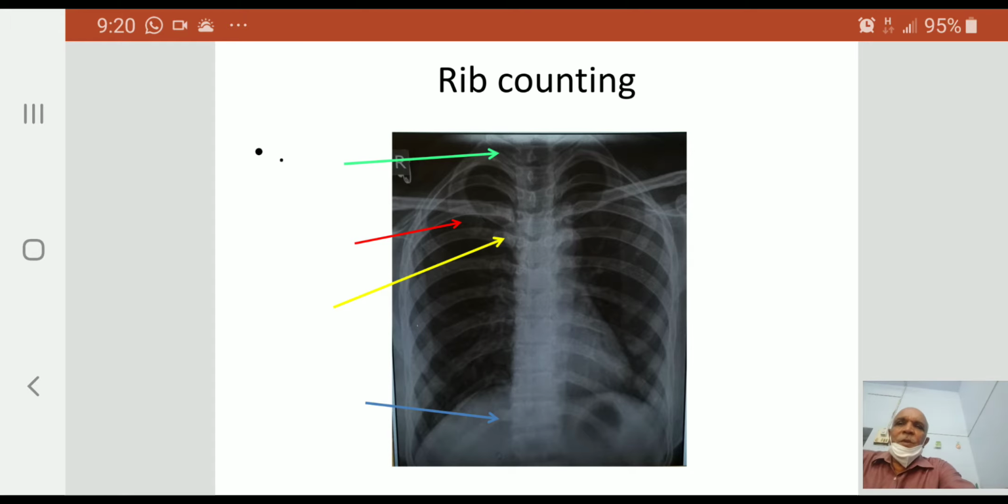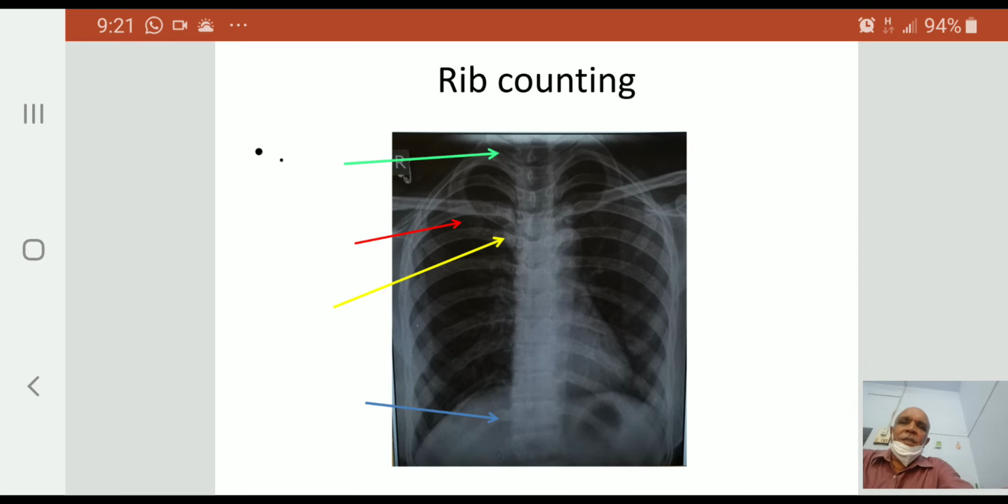From the first rib, we should count the ribs from upper to down. From this point we should count the ribs. Now the yellow arrow shows the 5th rib and the blue arrow shows the 11th rib.